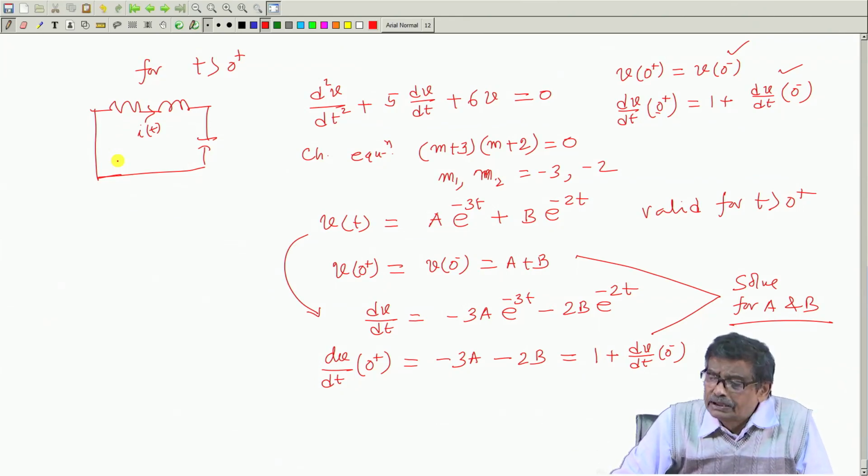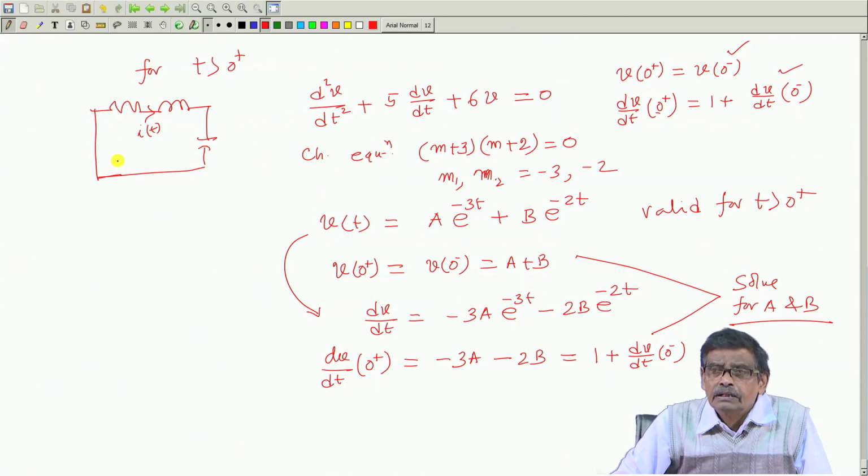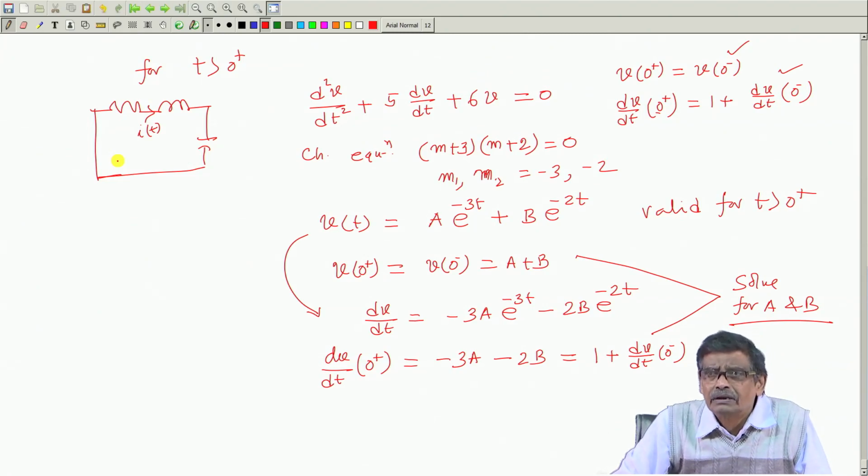This impulse only exists around t equal to 0, and at the rest of the time it is not there. So, to get the solution of the circuit, t greater than 0 plus is good enough, because I do not find any difference for practical purposes between 0 and 0 plus.